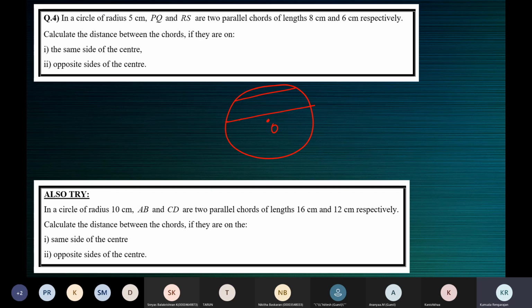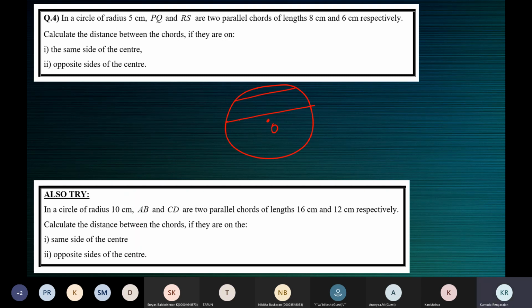There we had to take two chords and construct their perpendicular bisectors. During that time, I told you that when you take two parallel chords and construct their perpendicular bisectors, the lines will coincide.